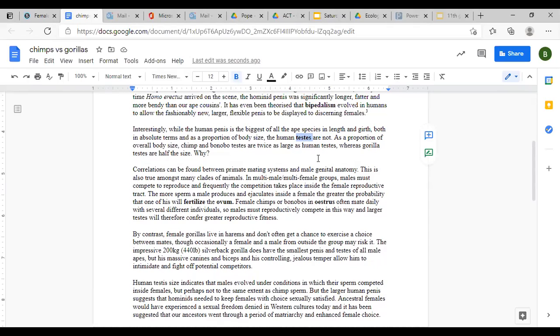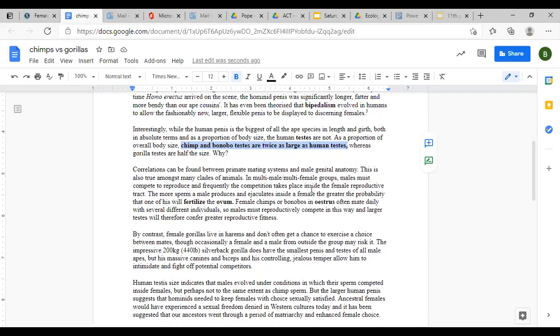And how many males will a female chimp mate with in a day? Does it say in here? Yeah, chimps have testicles that are twice the size of ours. Does it say how many times a female will mate with a male chimp or bonobo?